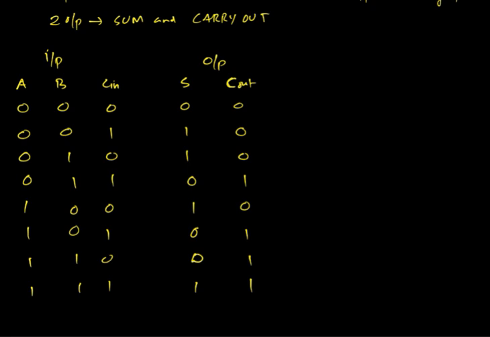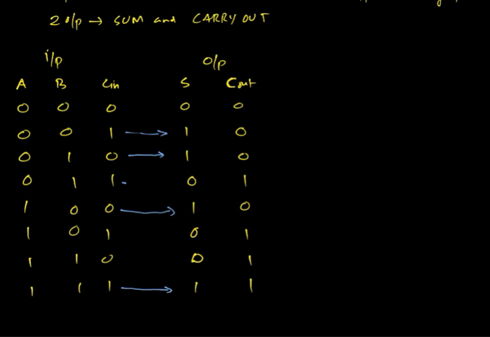Here if you consider the sum output and carry output separately and analyze them, you can form the Boolean expression for each output. Suppose you consider the expression for sum first. The sum is 1 when C in is 1, or when B is 1, or when A is 1, and the sum is also 1 if all three are 1.